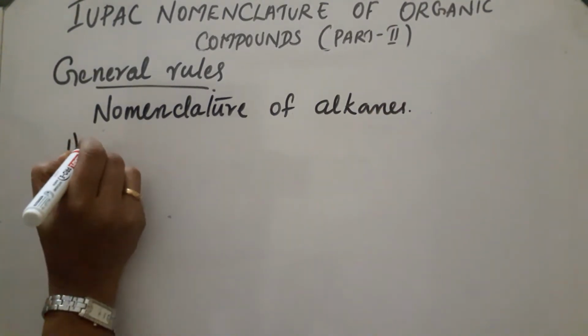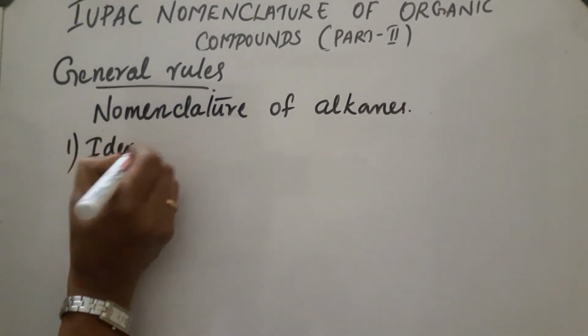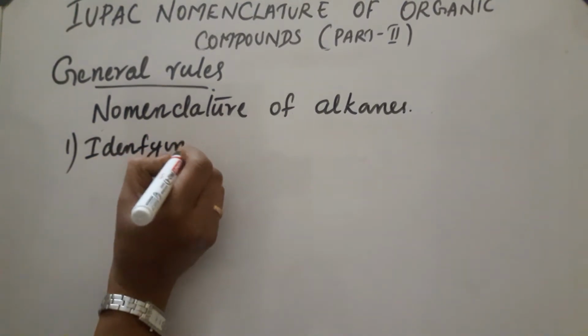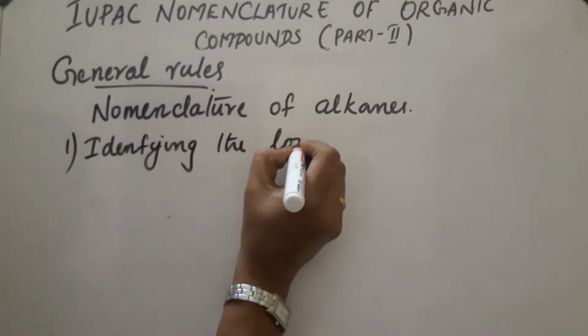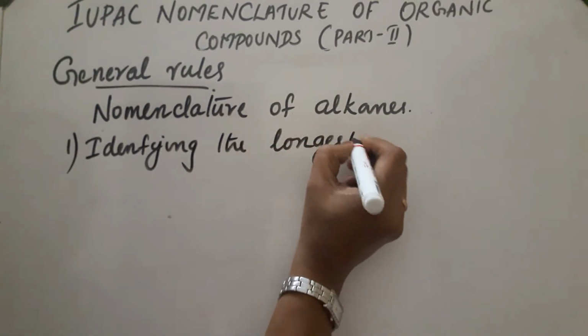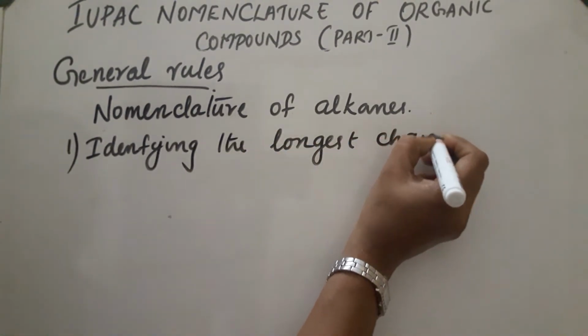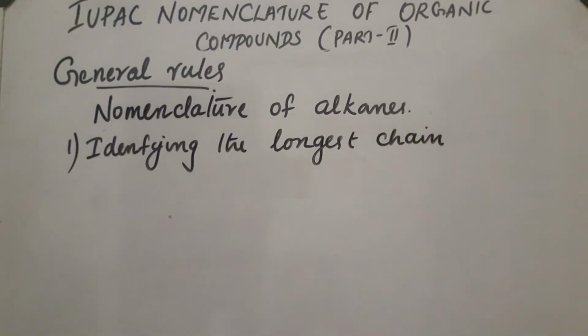First rule is identifying the longest chain of the compound. The longest chain will be the parent chain.